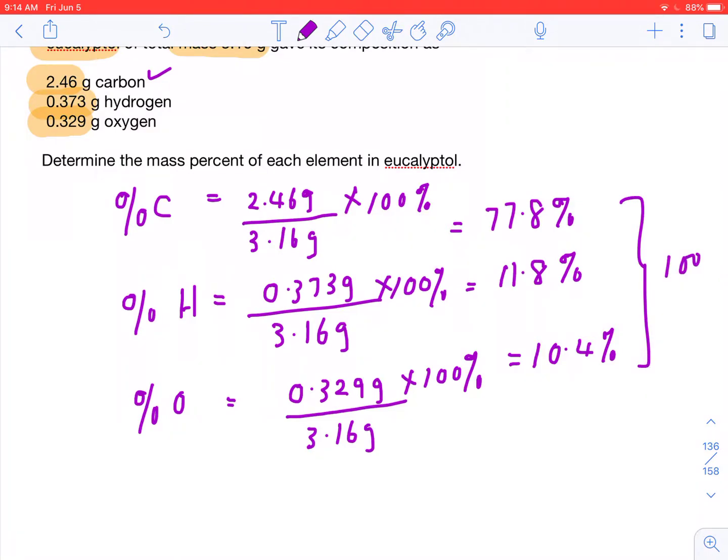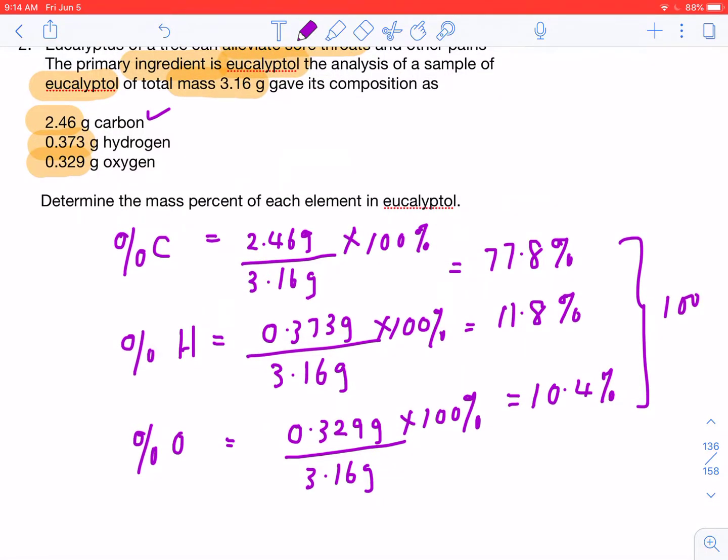So which essentially says if I have a 100-gram sample, right, and you could see in the sample when I had 3.16 grams, I got 2.46 grams of carbon and 0.373 grams of hydrogen and 0.329 grams of oxygen.